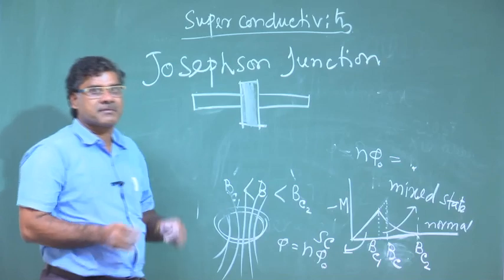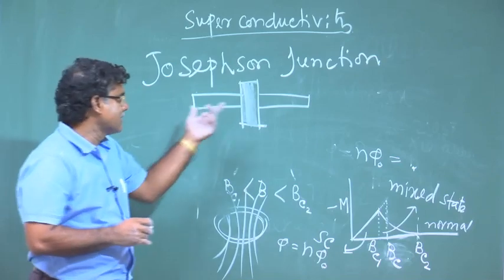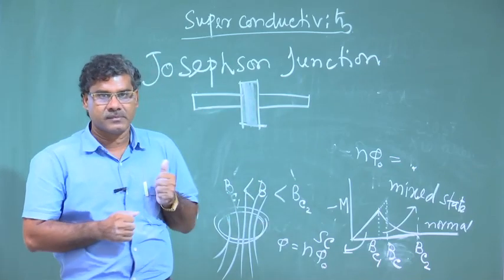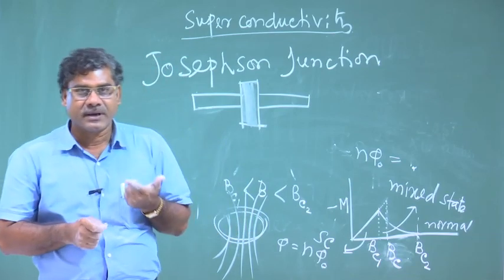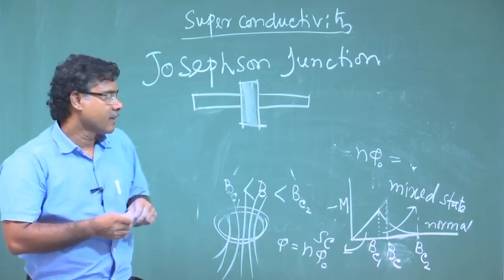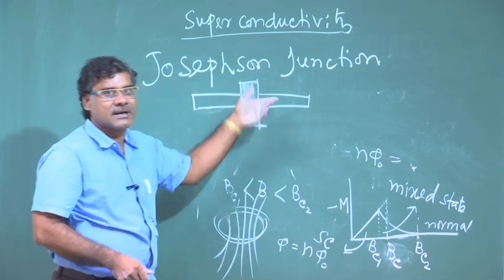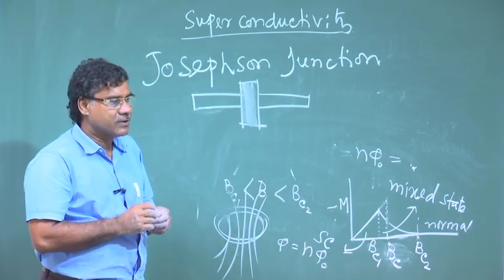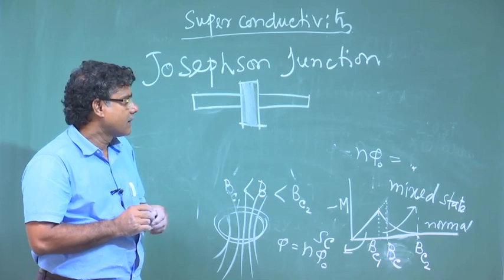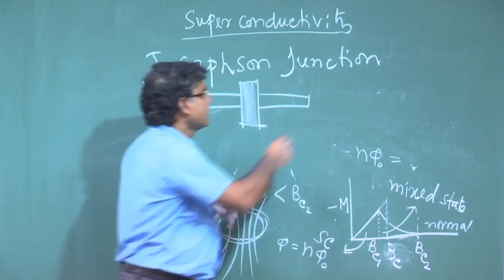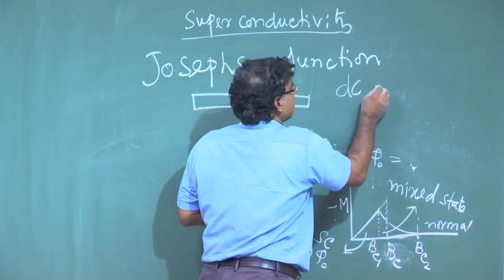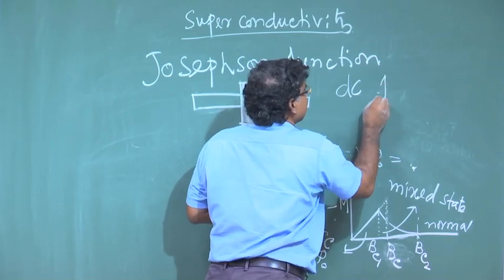Then this is called a Josephson junction. And what is interesting is that without applying any voltage or electric field, there is a current through the junction, and that is called the DC Josephson junction.